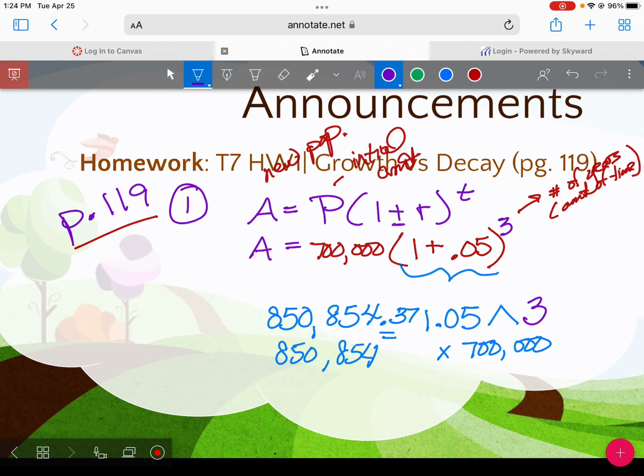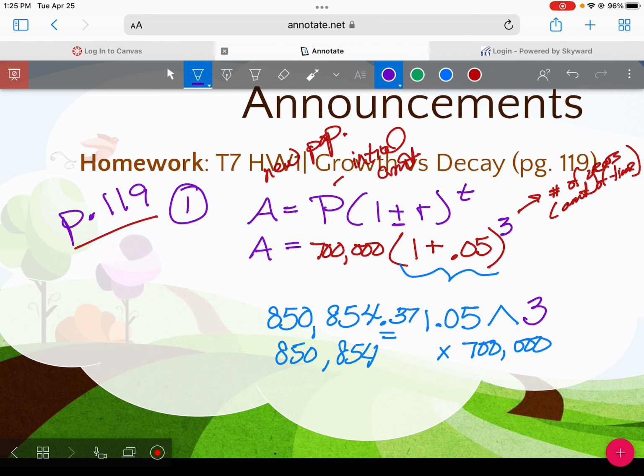Oh, wait. Oh, I see. Yes, I did have 850,854. I was looking at the wrong column. So I have a column of the population, a column for the amount of the increase, and then the total. Here it says 850,000, and here after 3 years, 810,337. I had 0.5, but you can't have half a person.